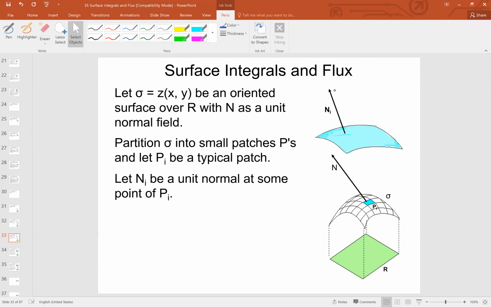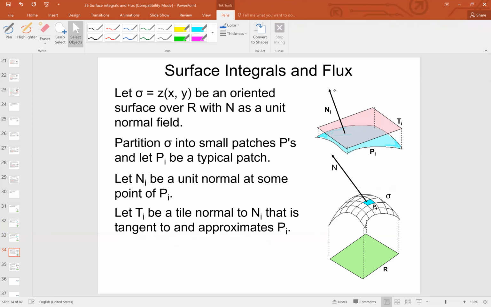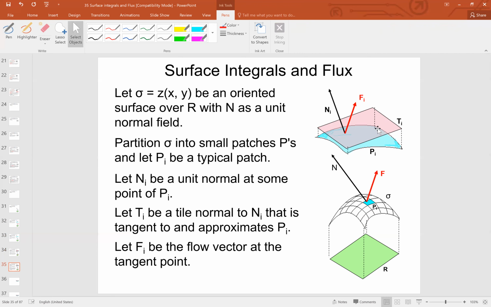We're going to calculate the amount of flow across that small patch by the tangent tile over the small patch. Remember that little tile that's tangent to the surface, corresponding to the dx dy that sits over dx dy. We replace this little patch by this tile, and these tiles came from the surface differential dS.